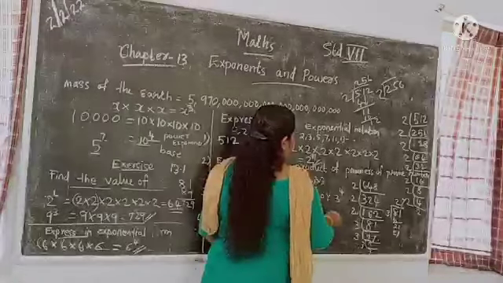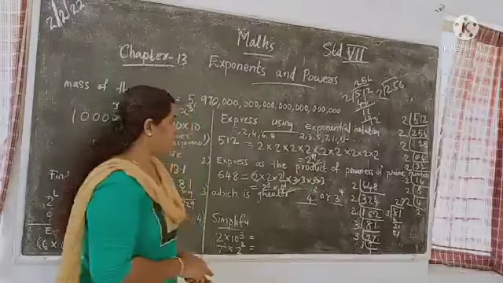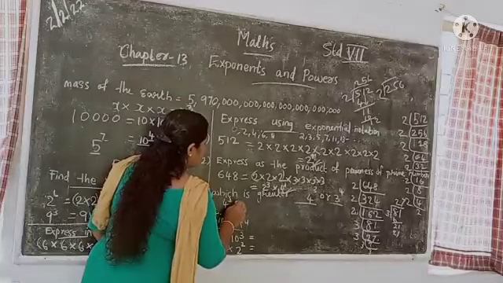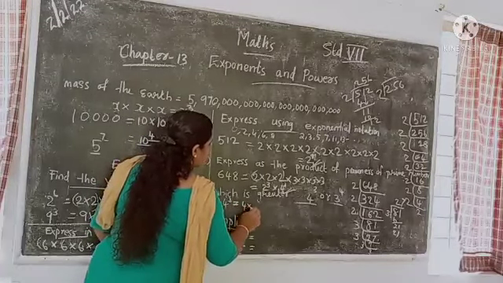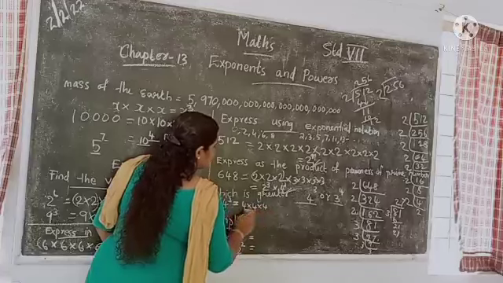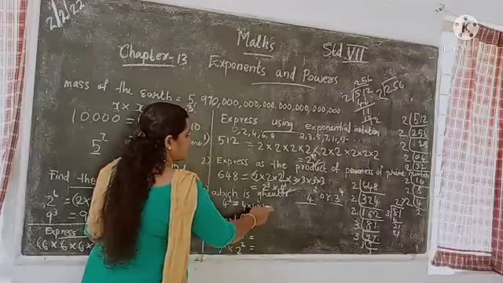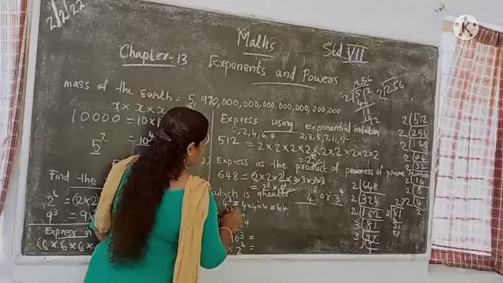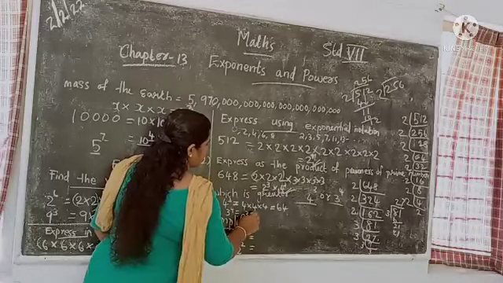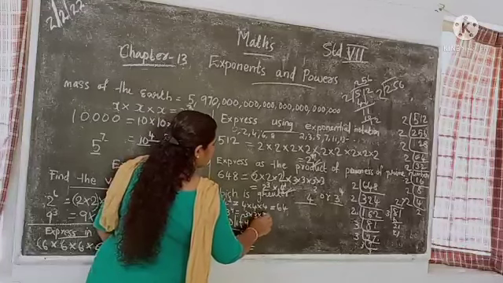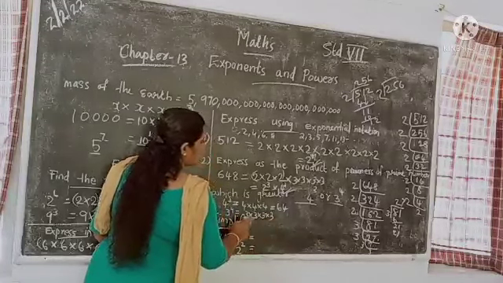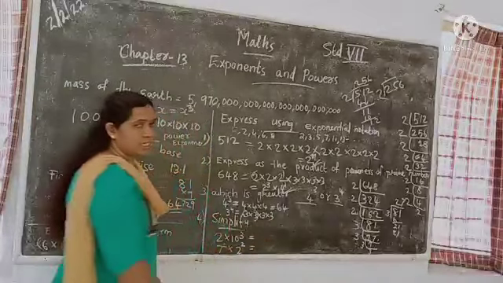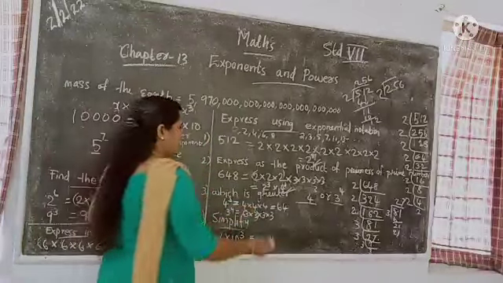Next one, which is greater, 4 raised to 3 or 3 raised to 4? First we find 4 raised to 3. That's equal to 4 into 4 into 4. 4 into 4, 16. 16 into 4, 64. Next, 3 raised to 4 is 3 into 3 into 3 into 3. 3 into 3, 9. 9 into 3, 27. 27 into 3, 81.